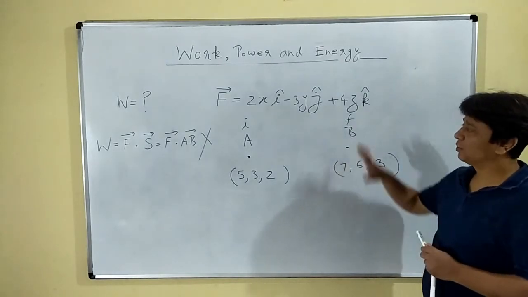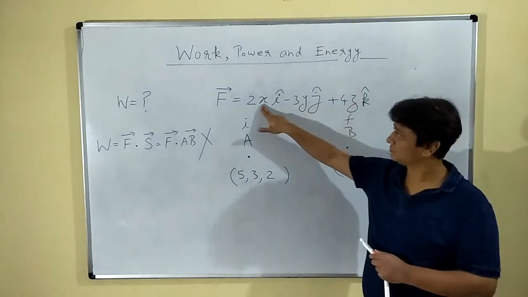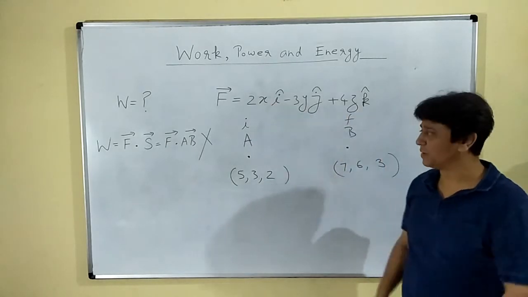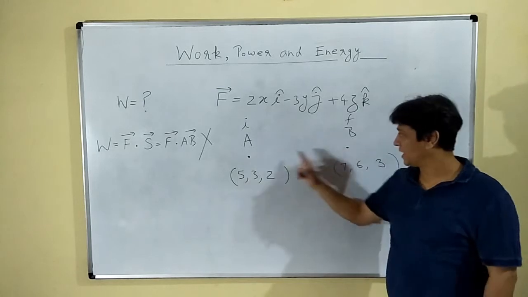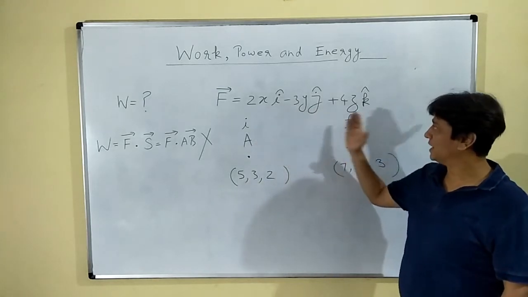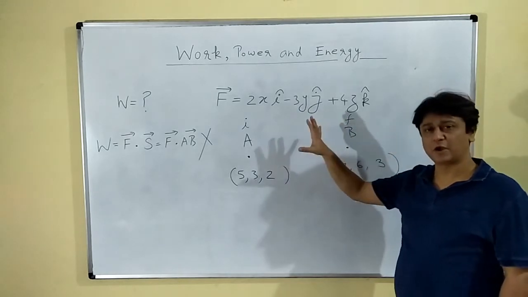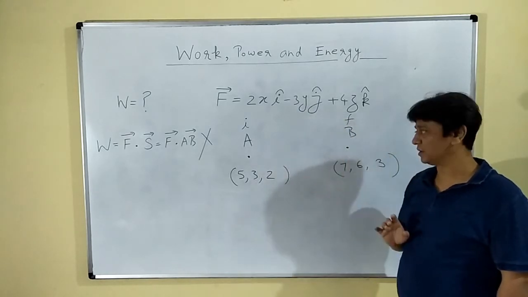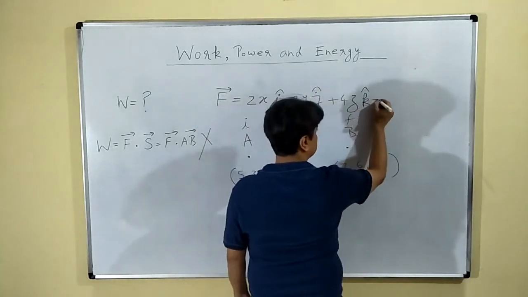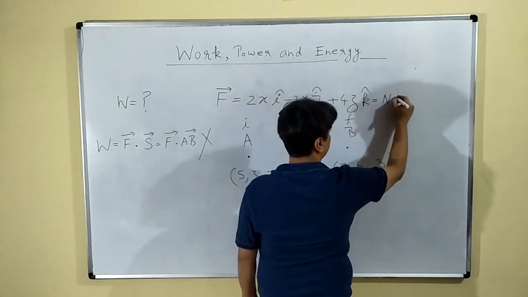Why? Look at this force: x, y, and z. What does it mean? As you move from A to B, the x coordinate, y coordinate, and z coordinate, all these three coordinates are continuously changing. If they all are changing, then this force is non-uniform.